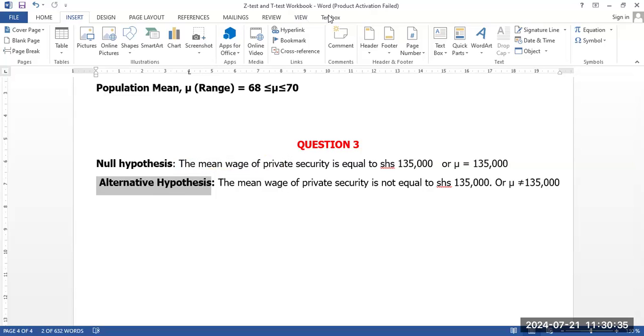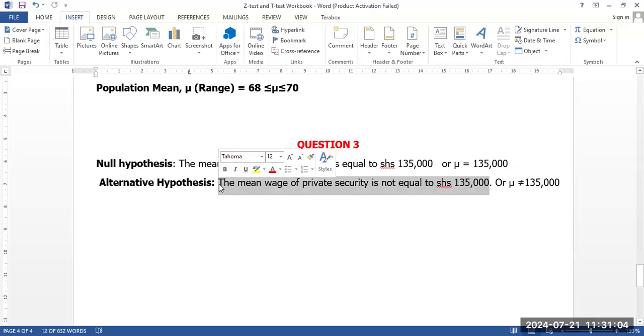Daniel, are you okay? This is where people confuse things. What do you mean by sides? Like now here, the mean wage of a private security guard is not equal to this amount. Do you have a side? Because we know that the amount can be higher or lower. So is it a higher figure or a lower figure?